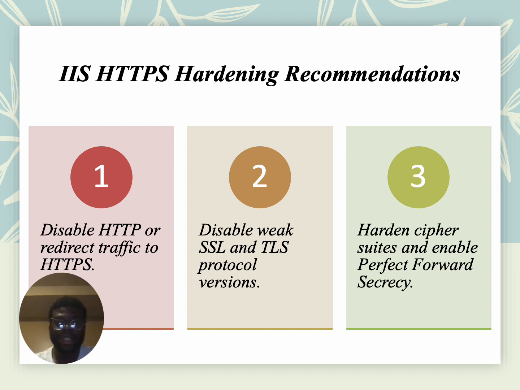Disable weak SSL and TLS protocol versions. I would also disable the weak SSL and TLS protocol versions, because being weak, they are already open to vulnerabilities and hacking. It's a high risk. And then harden cipher suites and enable perfect forward secrecy. So these are my three recommendations for IIS HTTPS hardening.